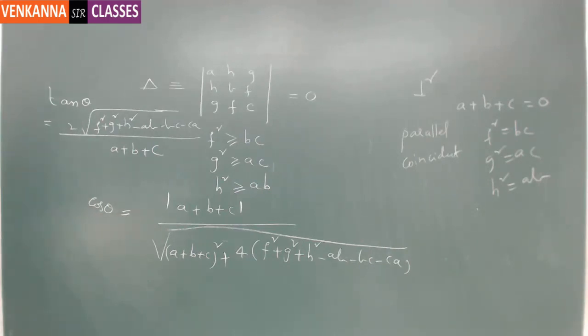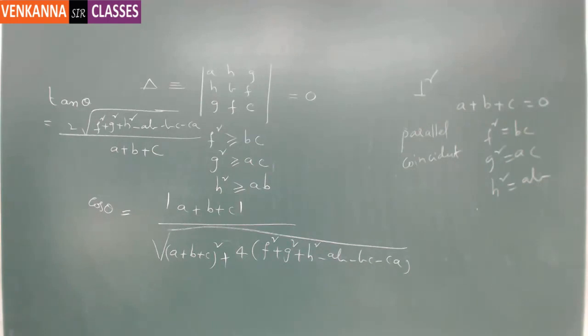So the thing I want to mention here is, the homogeneous equation or the other big equation which is given there is nothing but the equation obtained from the intersecting planes.